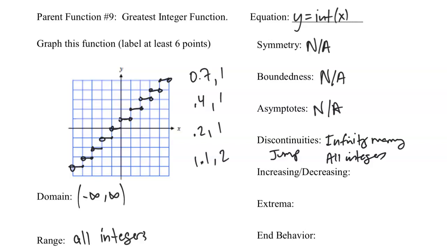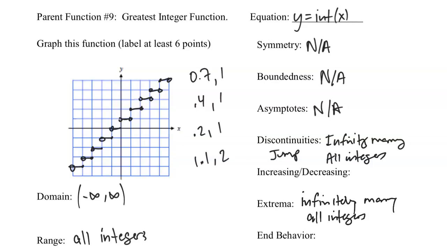Extrema. It turns out that by the definition of local maxes and mins, all of these points are considered maxes and mins. And so at every integer you have a local max and min, which means here that I'm going to put that there are infinitely many and that they occur at all integers.